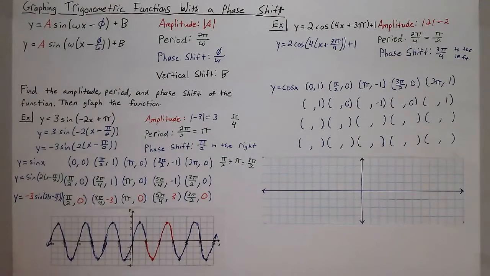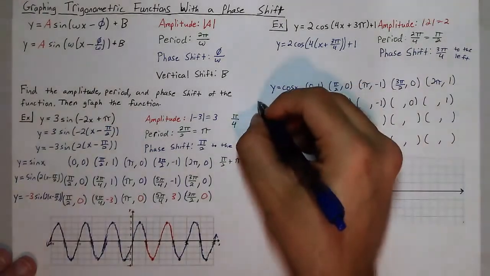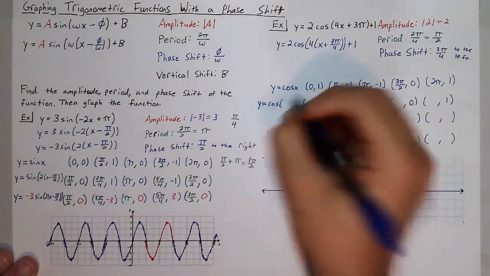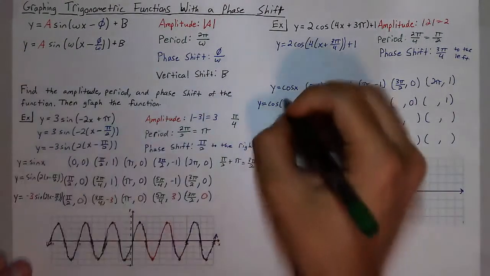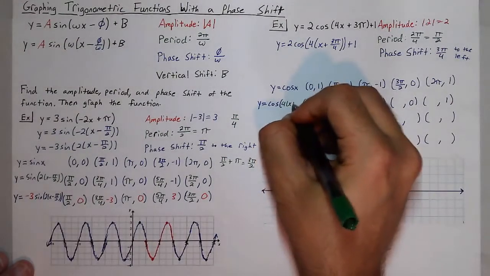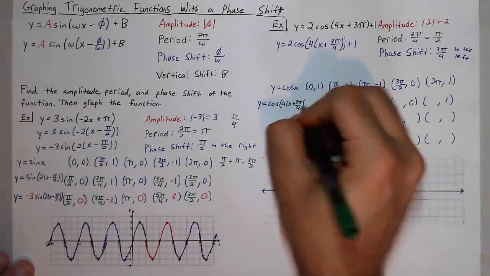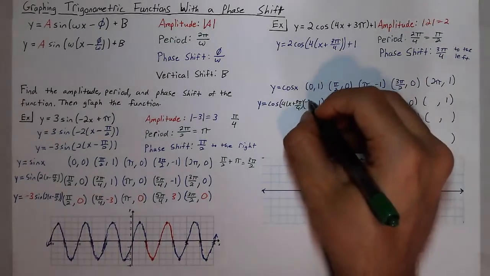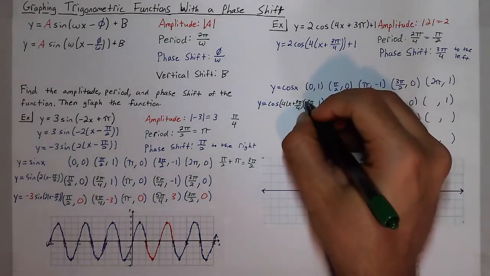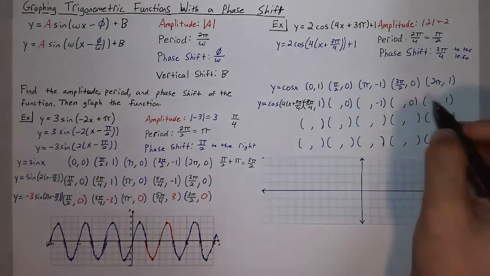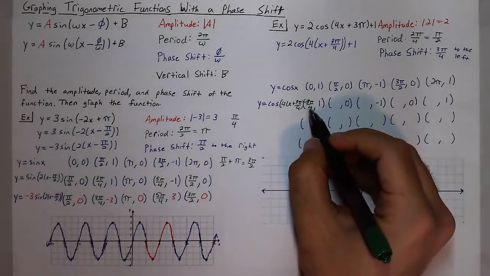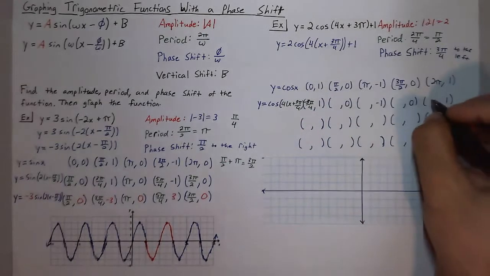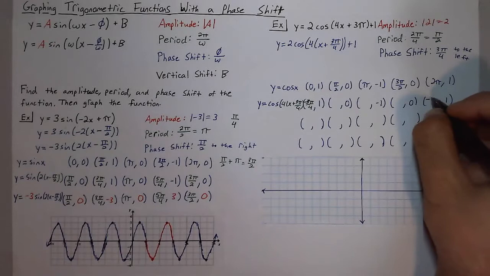So when I go to do this next step, where I'm going to see what happens with my period change and my phase shift, I'll see that now I'm going to start at -3 pi over 4. And my period is pi over 2, so I'm only going to add pi over 2 to -3 pi over 4, which will bring me to -pi over 4.